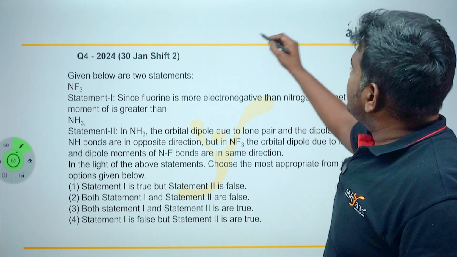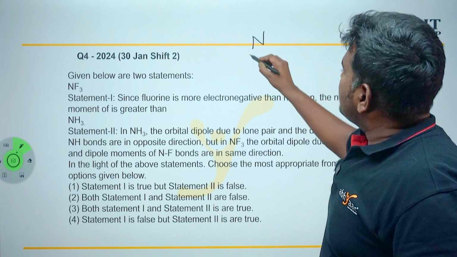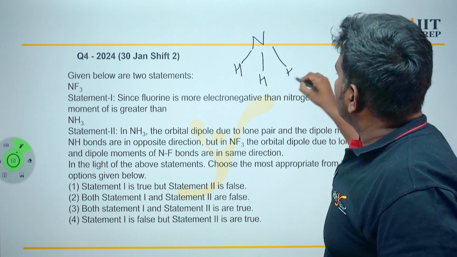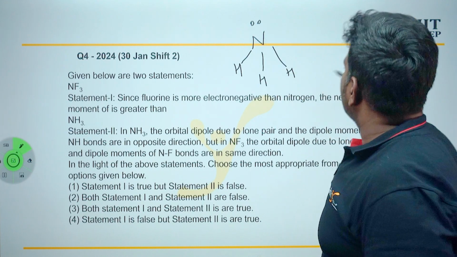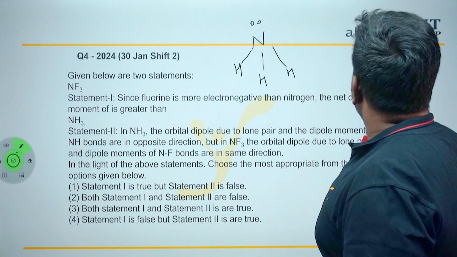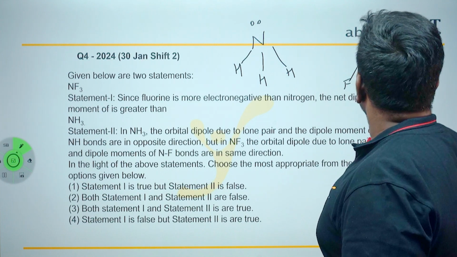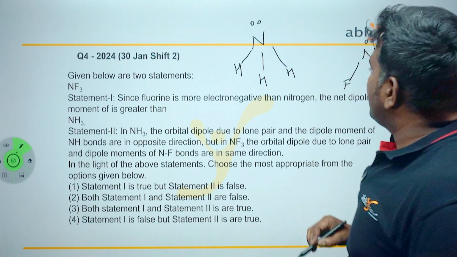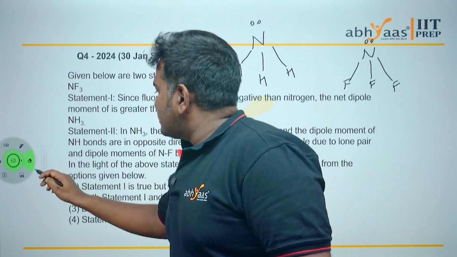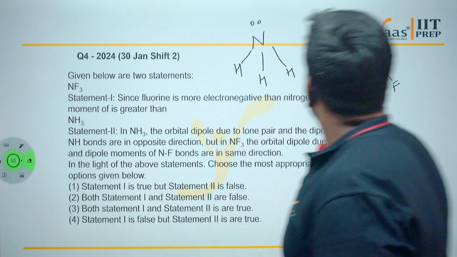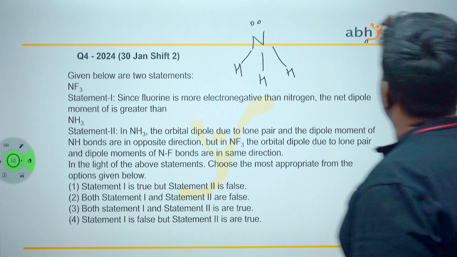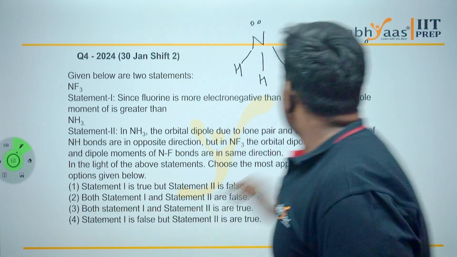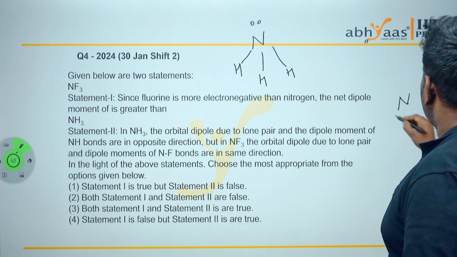Now if I take NH3, you will have a lone pair of electrons, and here you have NF3. And here also you will have a lone pair of electrons. Let me draw it in some other place. Right. So here we have NF3.